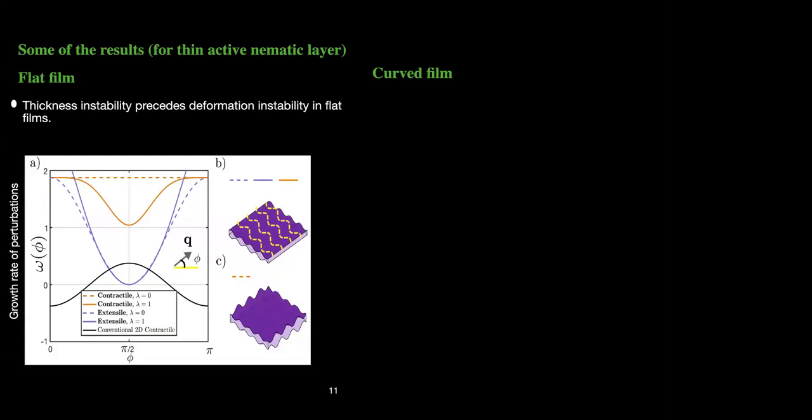Whereas when I do the theory and find the effective equations, I find that this instability changes a lot when you consider the thickness. To have an intuitive idea why this happens: contractile activity leads to thickness variations. And the thickness variations in many cases appear before the instability in the nematic. As a result, the dispersion relation changes a lot when you account for the thickness.